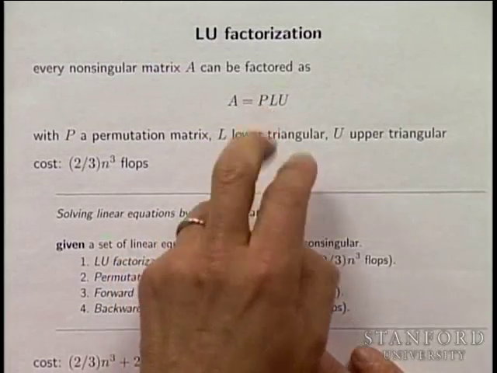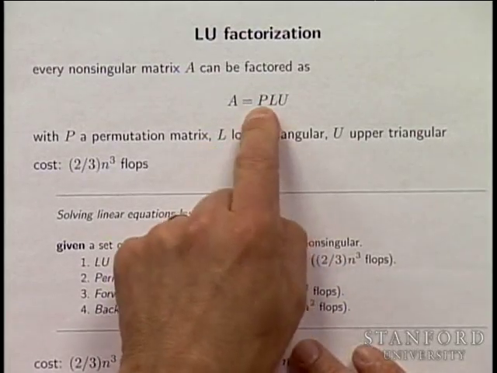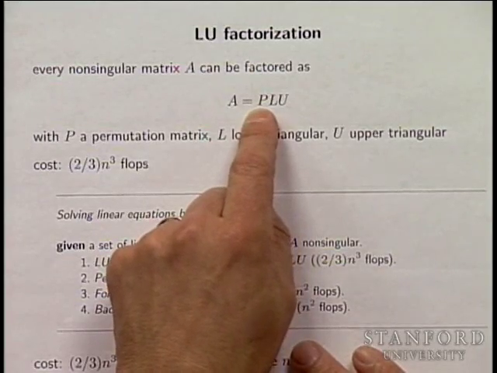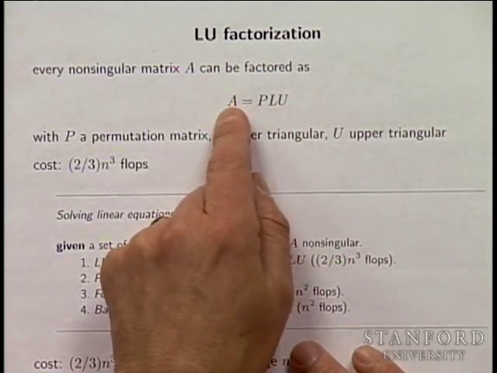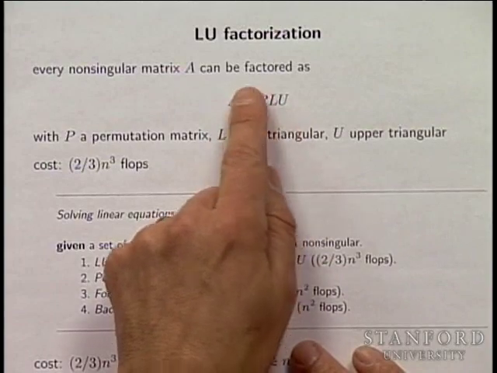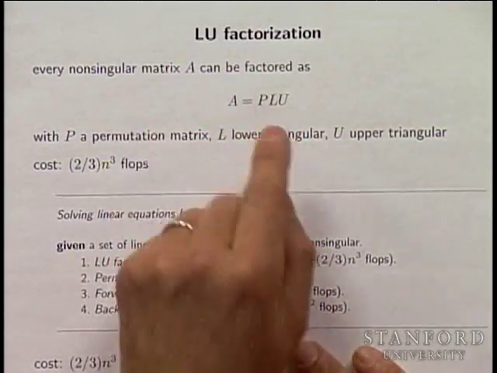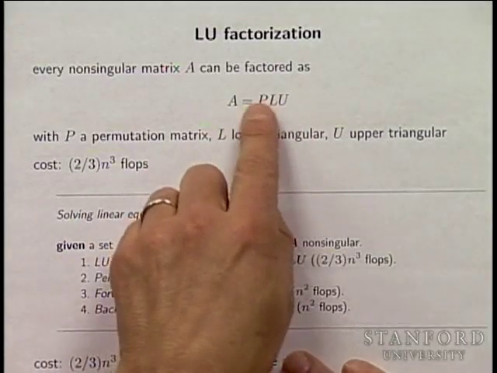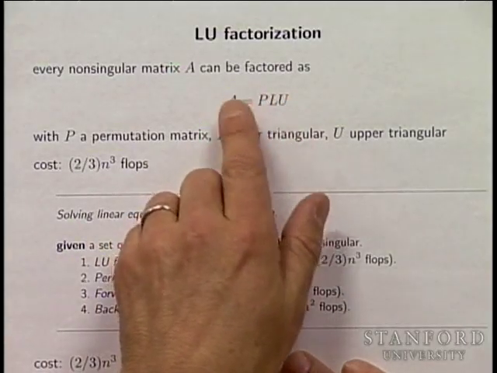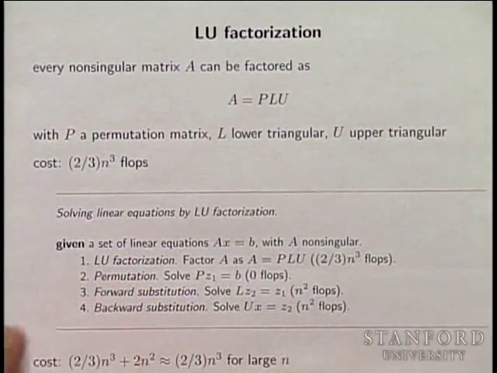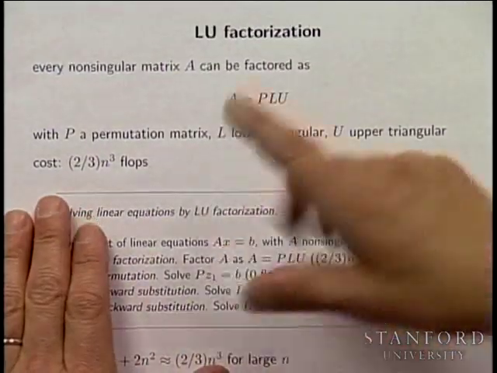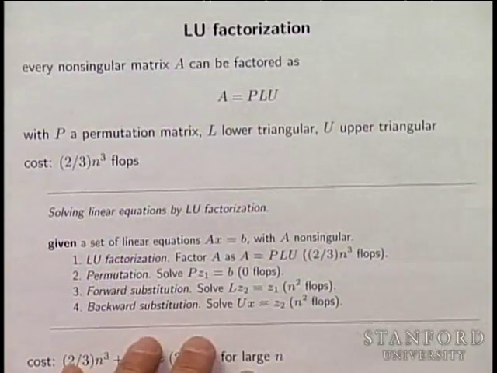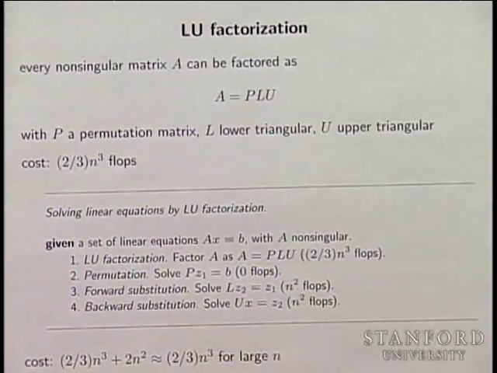If you take one of these classes on numerical methods, the P is chosen for two things. First, there's the mathematical issue that it's just not true that all non-singular matrices have an LU factorization without the P. Number two, it's chosen so that round-off errors obtained when you calculate these things don't kill you. That's the real reason that P is used. Now the cost of that factorization is 2/3 n cubed flops.